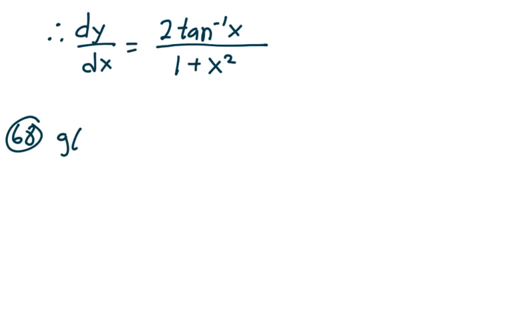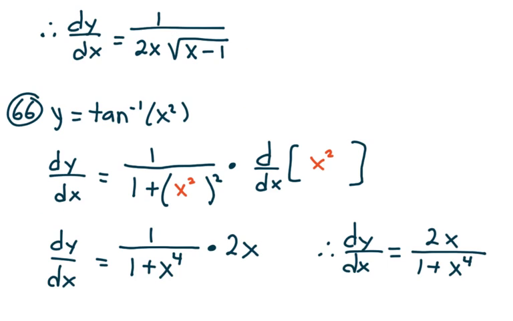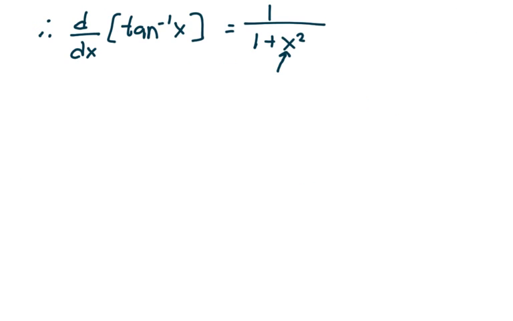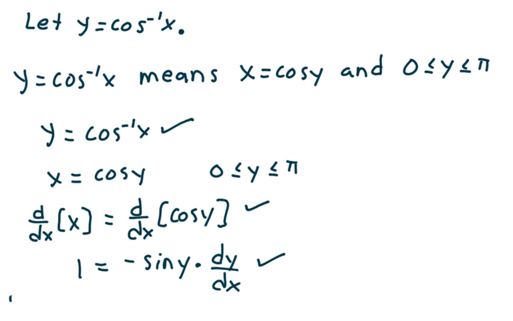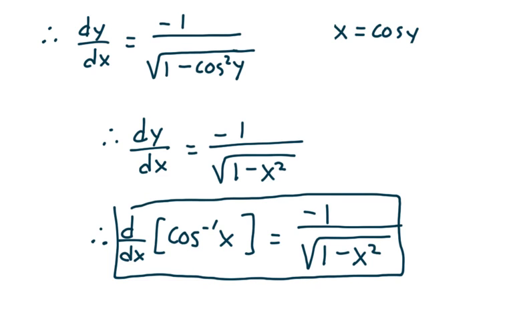Suppose g of x is arc cosine of square root of x. Now, remember, square root of x is the same as x to the half, okay? So I want g prime of x. Now, again, I want to refer you back here, a few pages back. Notice that the derivative of arc cosine x with respect to x is negative 1 over the square root of 1 minus x squared.